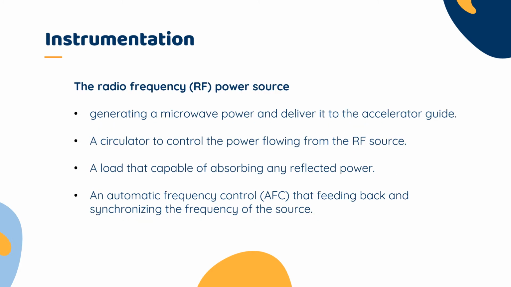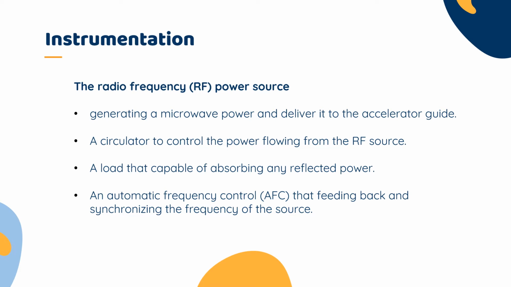The radio frequency RF power source is generating a microwave power and delivers it to the accelerator guide. The radio frequency source works with some elements that help and control the LINAC to work properly as follows. A circulator to control the power flowing from the RF source and protect from reflecting power.